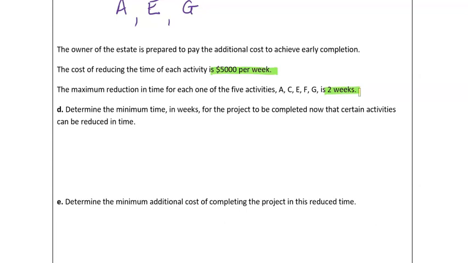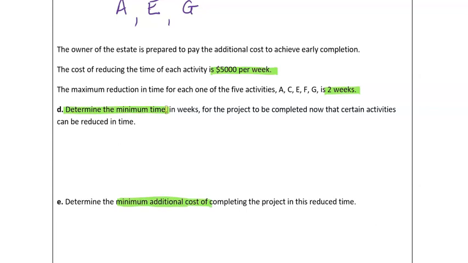So here we don't have to worry about the cost. We're just finding what is the possible outcome. So apply all of the reductions and find what the new completion time could be. Then part E is asking us to find what is the minimum additional cost to achieve that reduced time. Okay, so firstly, find the time. Secondly, find out how much we have to pay to do it.